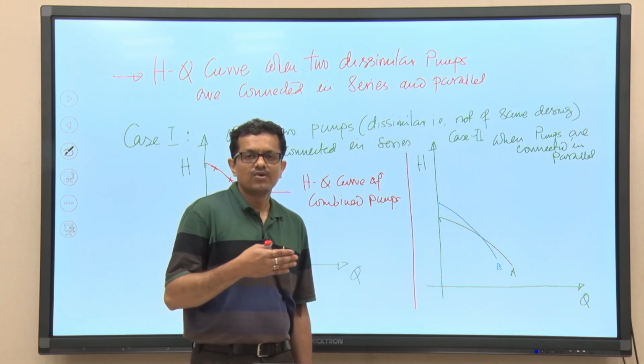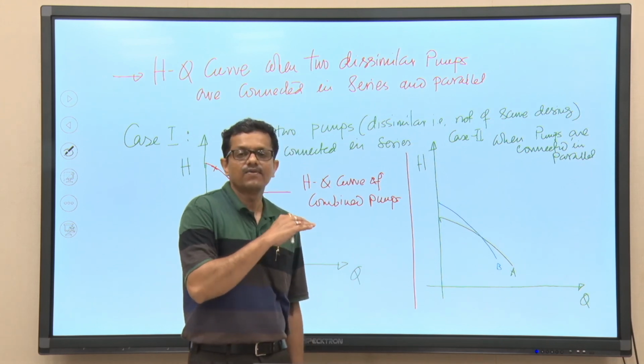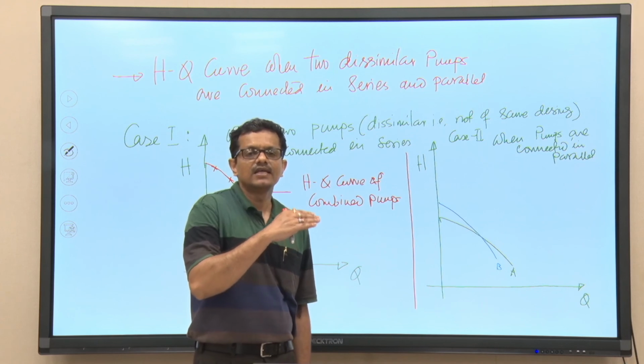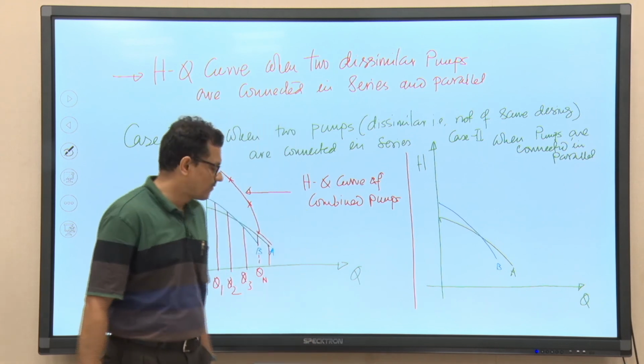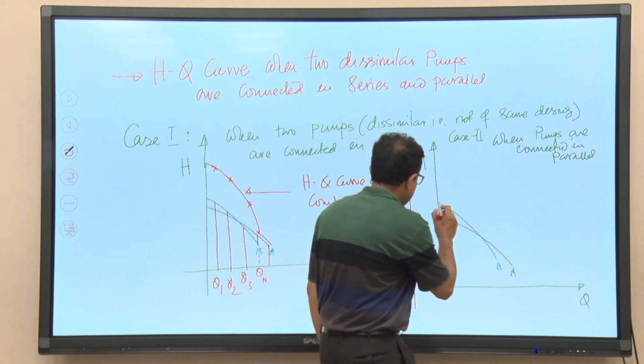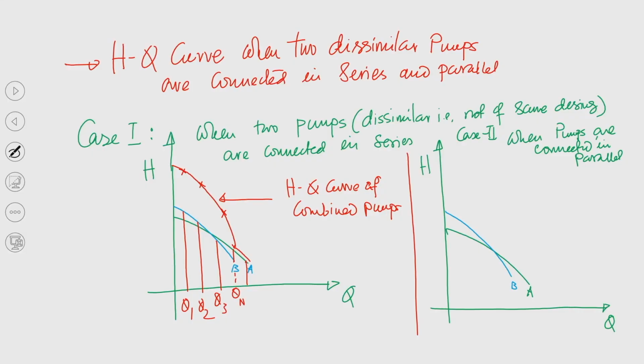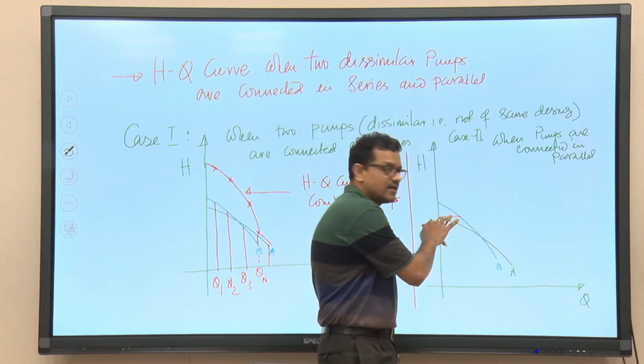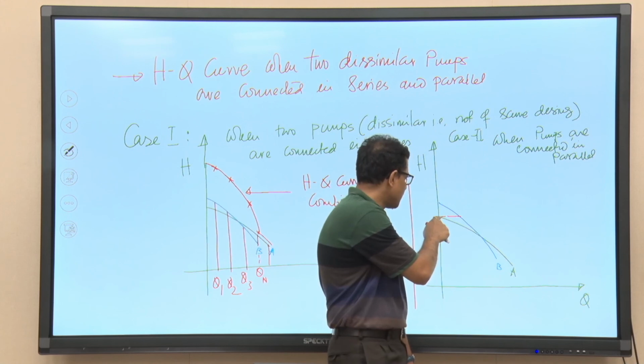So, now what we can do, for a given head the flow rate delivered by each pump will be added together to obtain the total flow rate. So, now we can understand in this particular head, for a given head, up to this. Now if I use red color, you can understand up to this point there is no head that will be imparted by pump A. So, the head of pump A is from here.